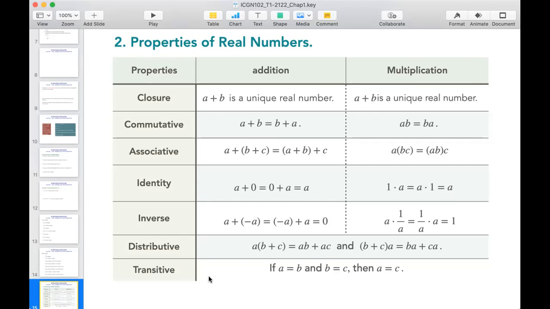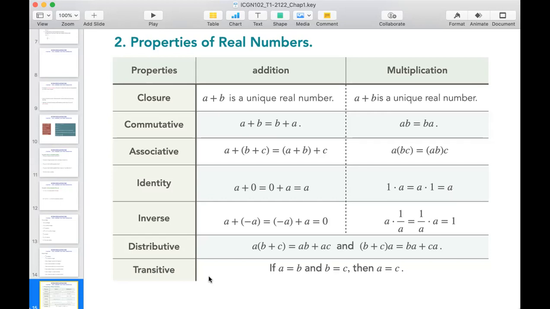For the distributive property, you distribute the number into the parentheses. That means you distribute that number equally to every term inside. In this one, A times (B plus C) equals AB plus AC.